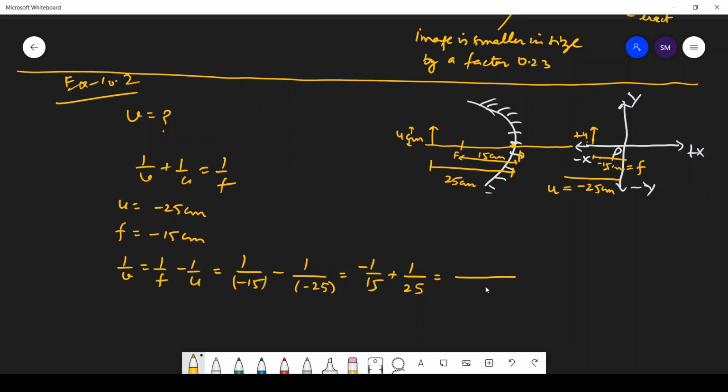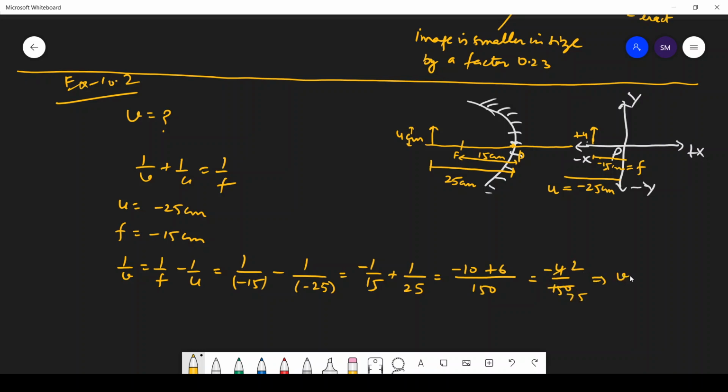So now the LCM will be, will it be 150? Okay. So 150, this will be minus 10 and this will be plus 6. So this is equals to minus 4 upon 150, and this will come out to be 2 and 75.